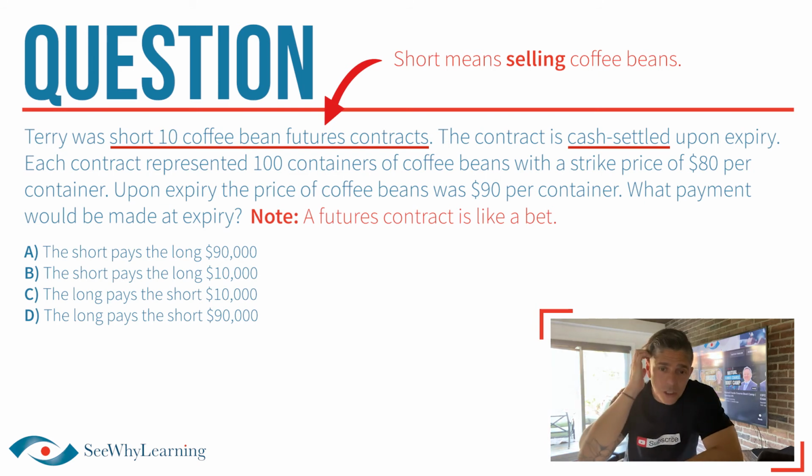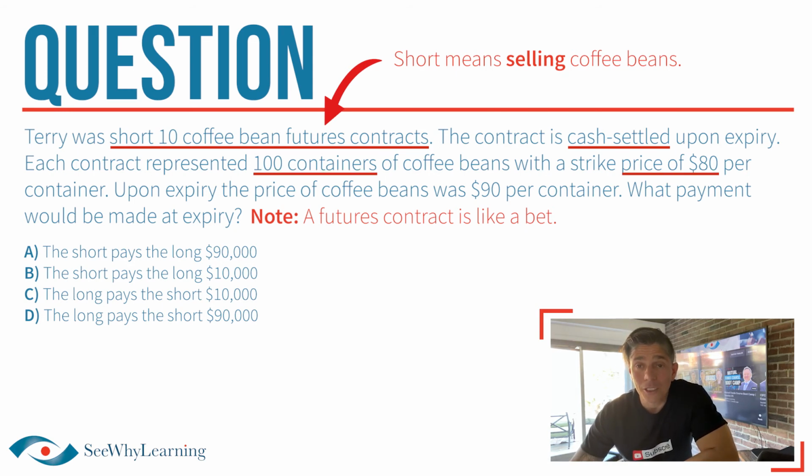So in this question, Terry is short the contract, which means she's selling coffee beans, and they agreed to a price of $80 per container. Now, what was the price upon expiry? $90 per container. Terry was wrong, right? She thought the price was going to go down, so she wanted to lock in her sale price. Price went up. She's lost the bet, so to speak.